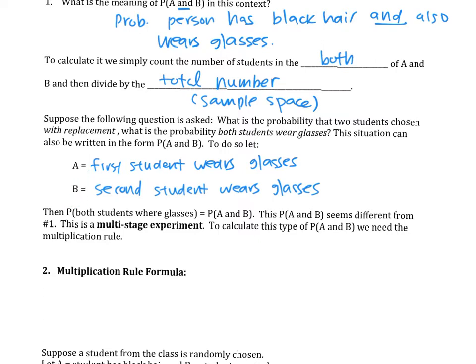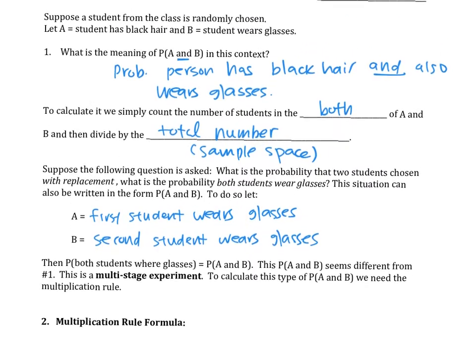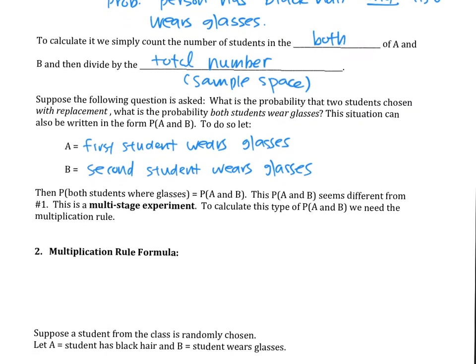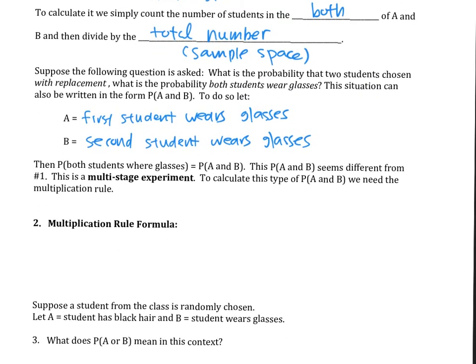So if you have a case like this, the verbiage is very similar. The first case, we're picking one person, but this person has to have black hair and glasses. So it's like one person satisfying two conditions. Whereas the second example, we have two people, right? And they each satisfy a certain condition. So in that case, when we are selecting a bunch of people or more than one person, we refer to it as a multi-stage experiment.